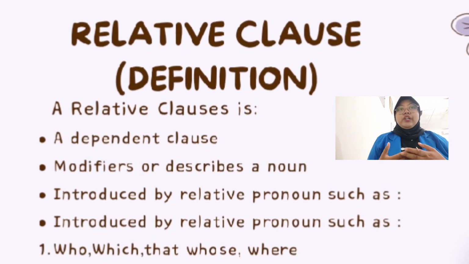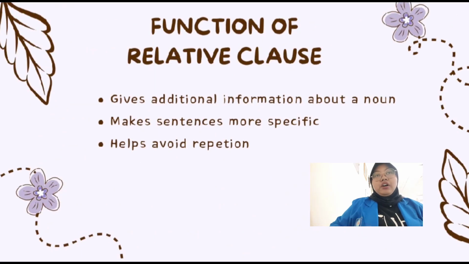Definition of relative clause. A relative clause is a dependent clause used to modify or describe a noun, introduced by relative pronouns such as who, which, that, whose, and where. Next, function of relative clause.